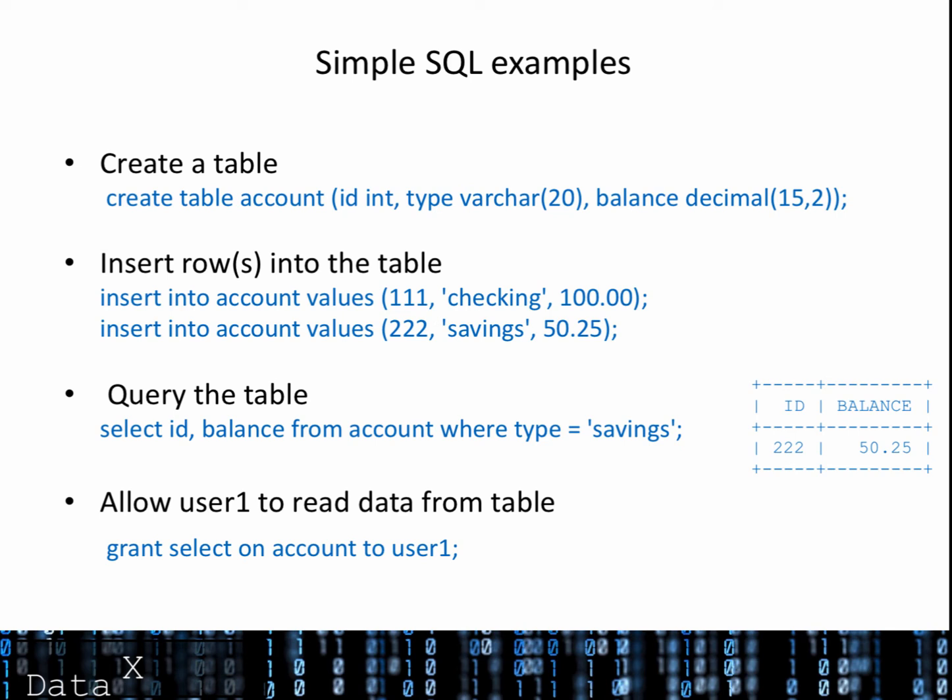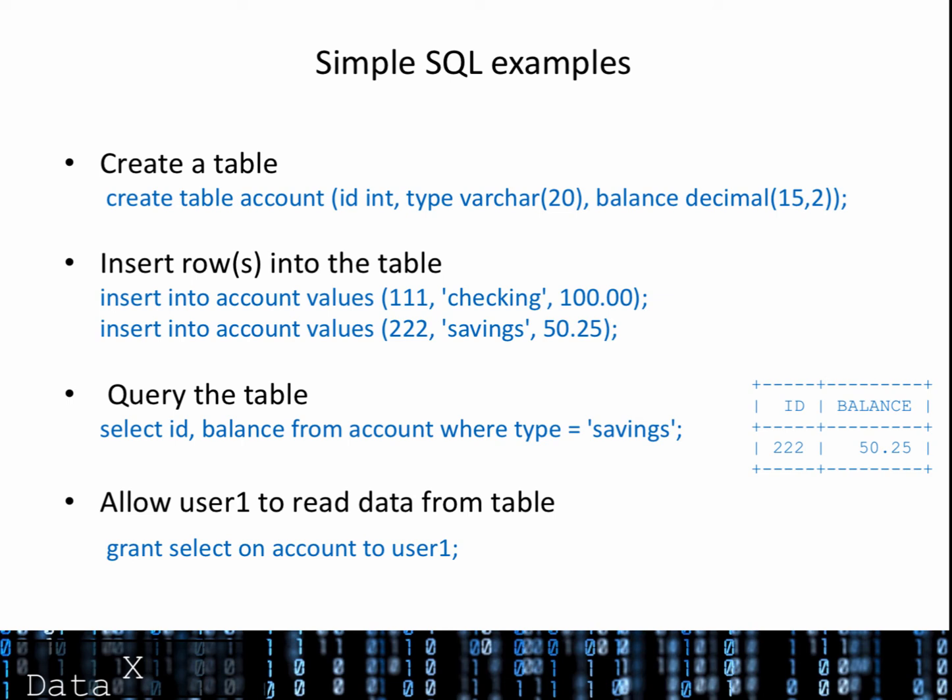In this case I've decided to select, or retrieve, values for 2 of the columns available in my table, specifically the ID and balance columns. Furthermore, I'm only interested in retrieving rows that apply to savings accounts, that is, where the value of the type column is equal to savings.